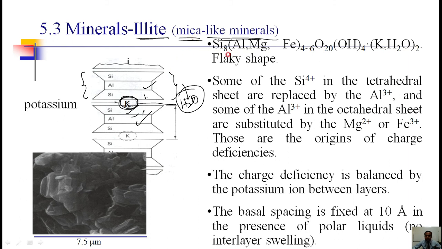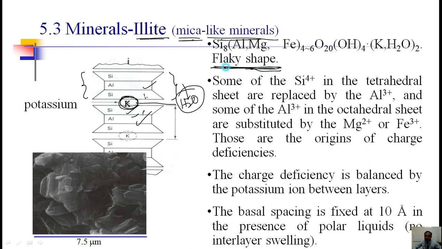Its chemical compound is Si8. In place of Si, you can write Al, Mg and Fe also; that is, 4 to 6 varies. Then O20, (OH)4, K, H2O twice. This is flaky in shape. Flakes, you know, flakes.